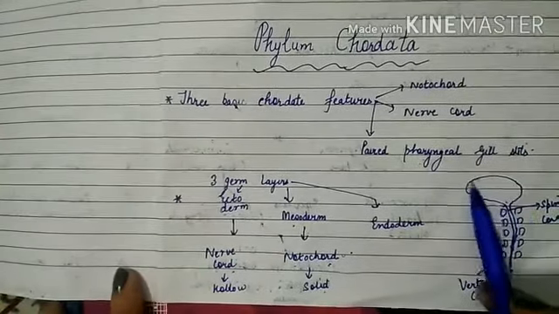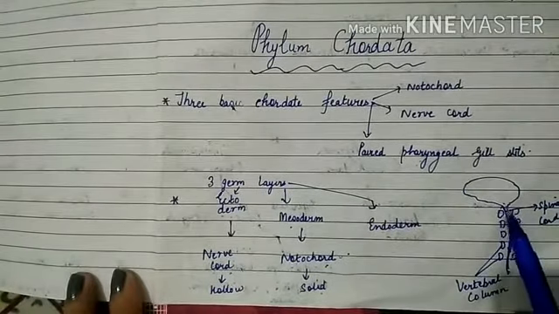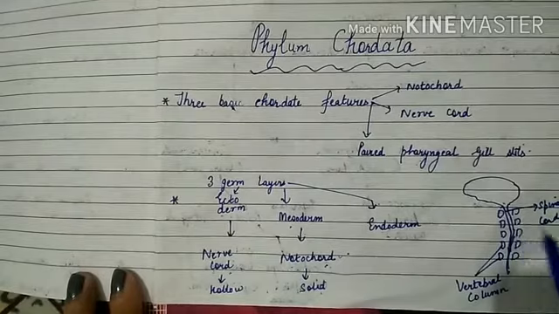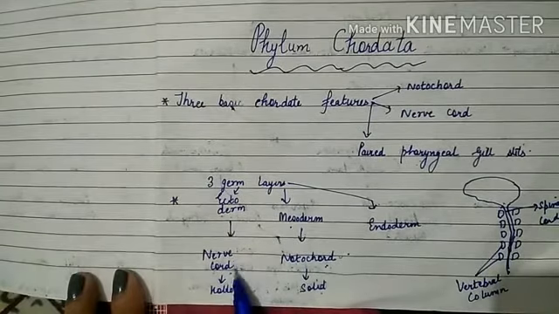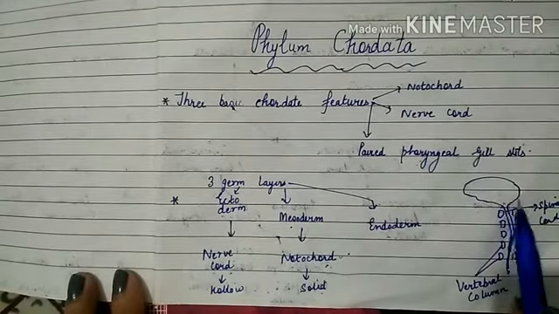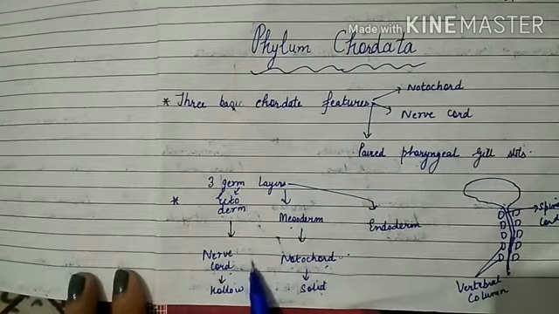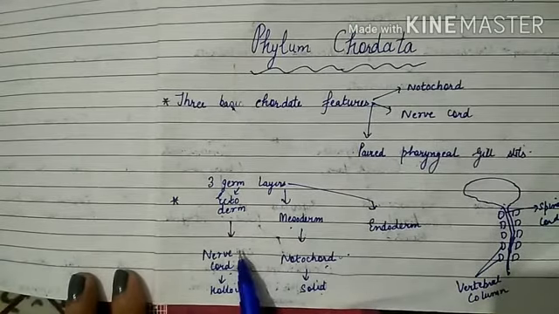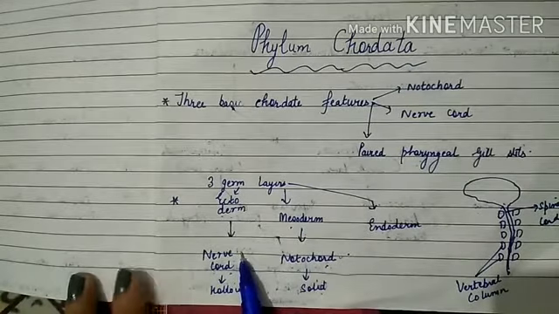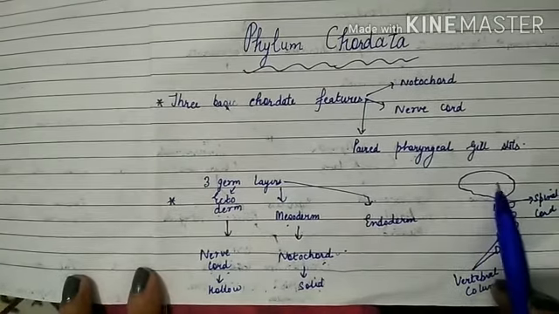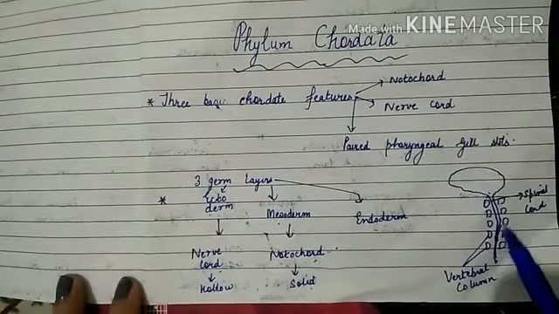So let us assume this is the brain and this is the spinal cord arising. When the embryo is developing, the nerve cord differentiates into two parts, the brain and the spinal cord.